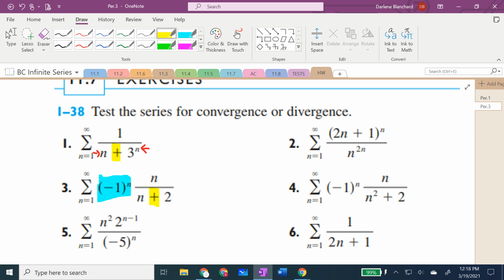So that -1 to the n thing, when that comes in, even addition says, I've got some negative terms. I can't do comparison test if I've got negative terms. So no negative signs, then go to comparison test if you see addition or subtraction.